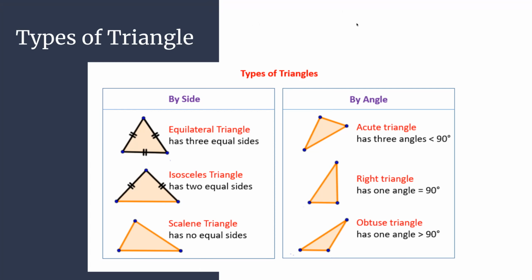The first one is acute triangle, which has all three angles smaller than 90 degrees, and right triangle, which has one 90-degree angle, and the obtuse triangle, which has one angle greater than 90 degrees. Next slide, please.